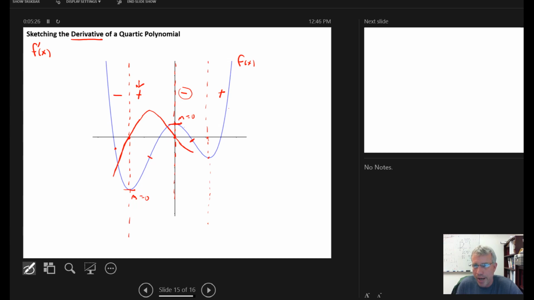Now I have to curve back to my 0 right here. And now I need to walk through the x-axis because the derivative changes to positive. And there's no other special places to look at, so I'm just going to draw the arrow and say the function goes on forever. So there is my graph of my derivative f prime of x.